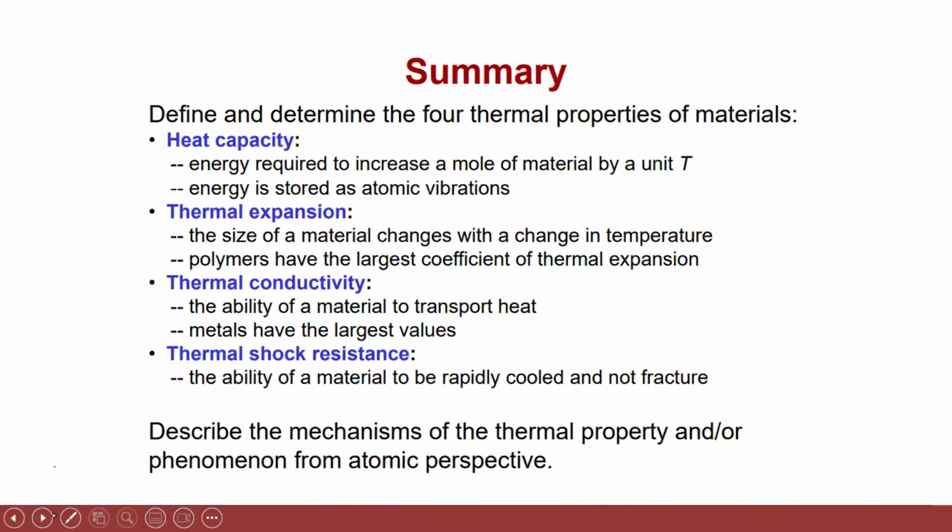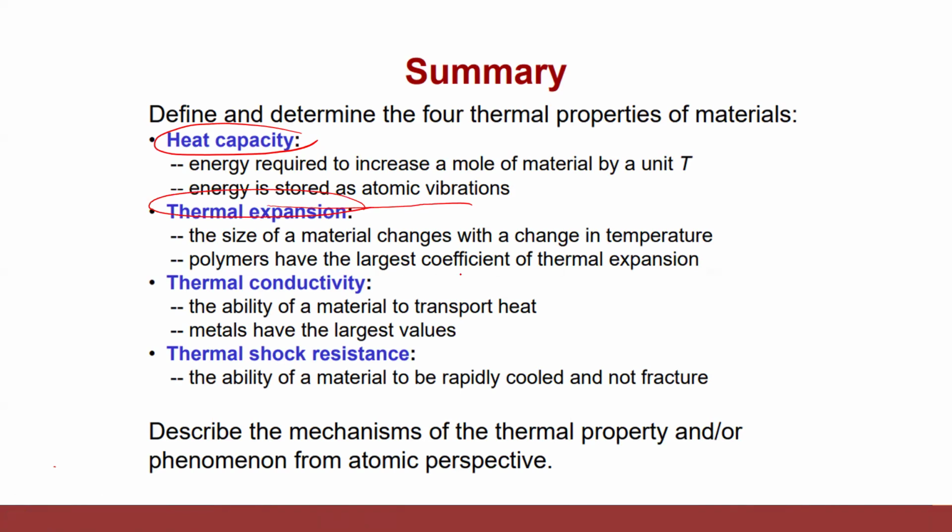this is the summary that you have done. So the heat capacity is the energy required to increase a mole of material by unit temperature, and this energy is stored as atomic vibrations. Thermal expansion is the change in size of a material with the change in temperature.